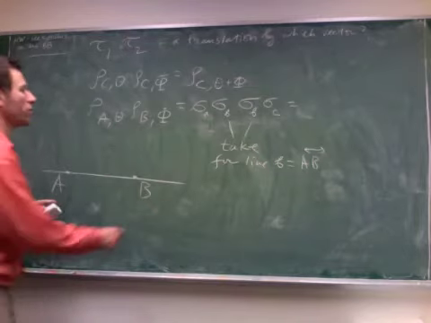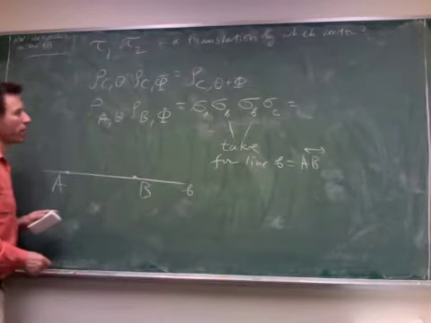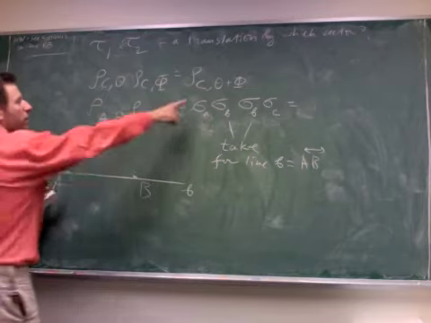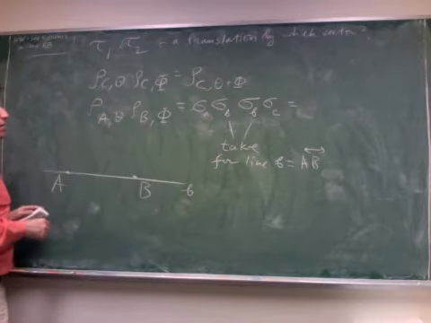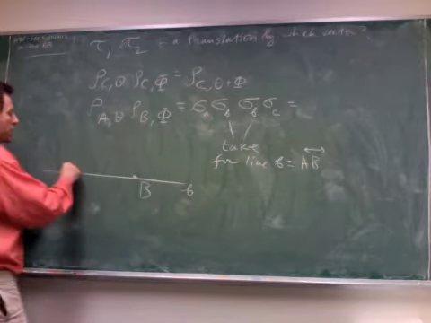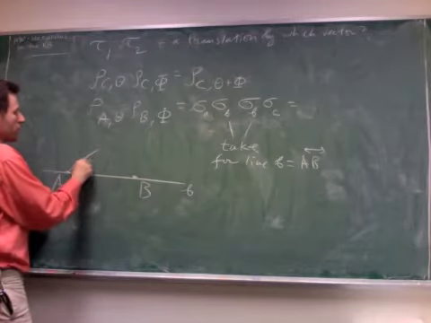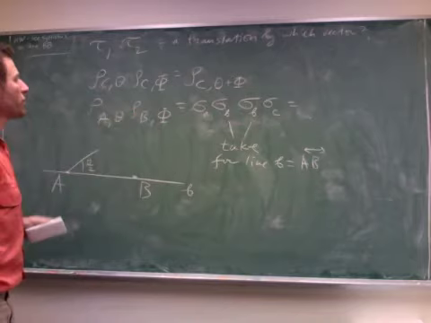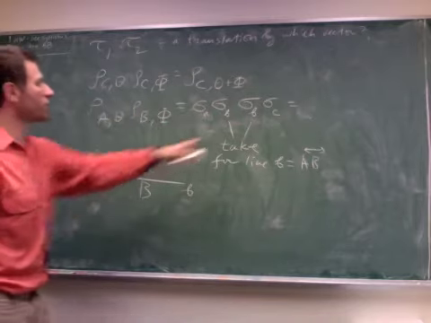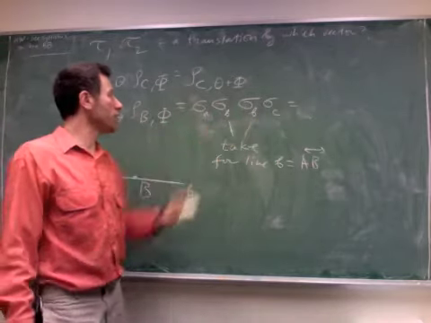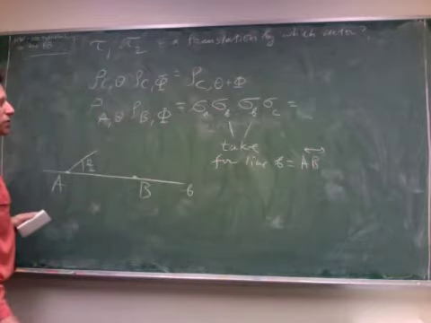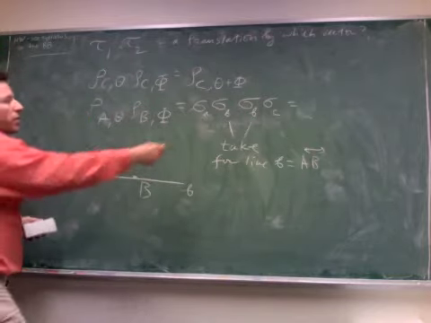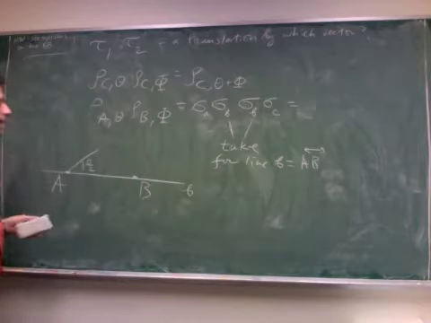We have to go from B to A to get a rotation by angle theta, so that would be theta over 2. And then the second rotation we represent as a rotation from line C to line B by phi over 2.